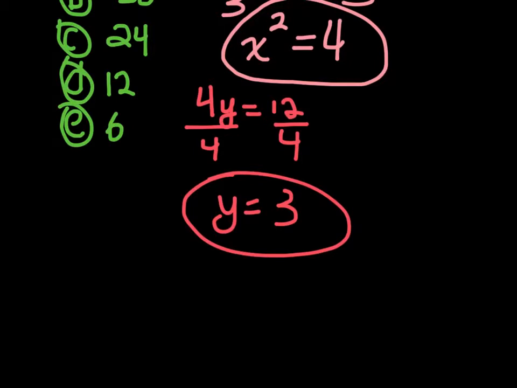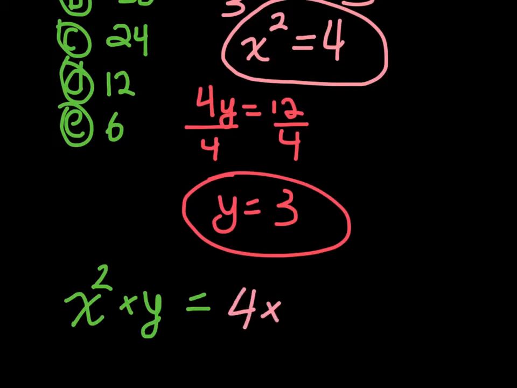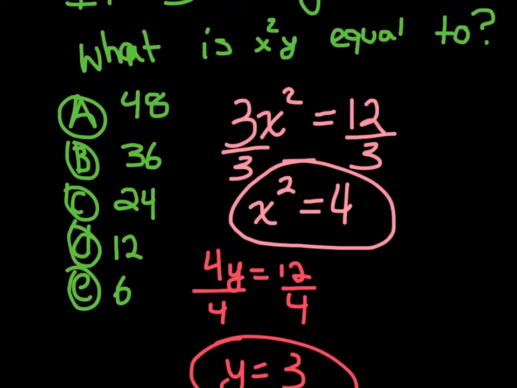What we wanted was x squared times y, which is equal to 4 from here times 3 from here, and that is equal to 12. Therefore, our answer is 12, D. Let's go on and do one more problem.